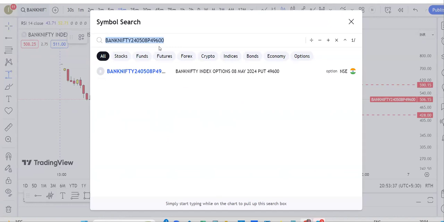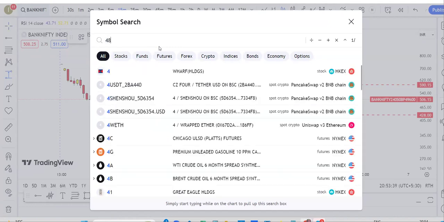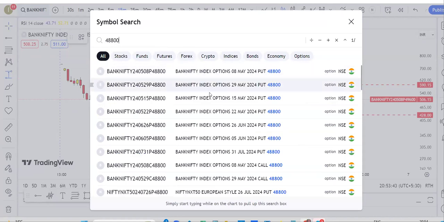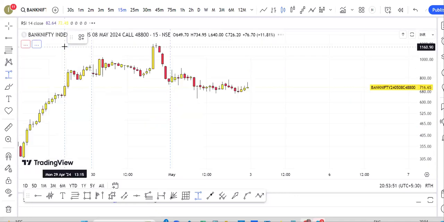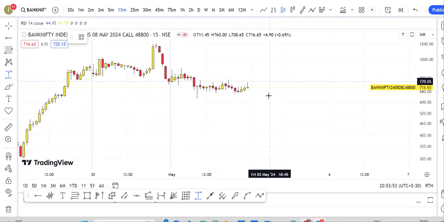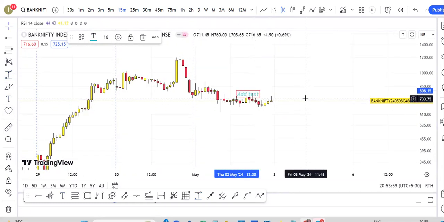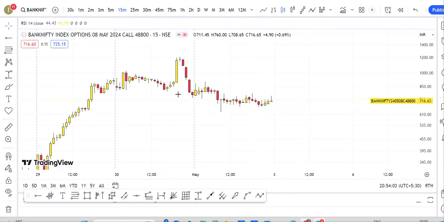You have to prepare like this. 48,800 call option. Now it is trading around 770. Okay. Where it has closed, 760.